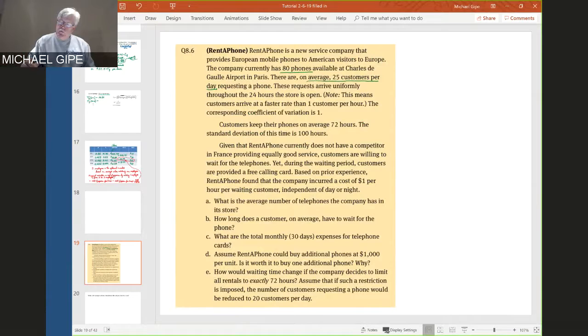They arrive uniformly throughout the 24 hours the store is open. Uniformly, what does that mean? There's variation, but there's no seasonality to it. Remember, seasonality is a consistent change in the rate depending upon time, season, something like that.